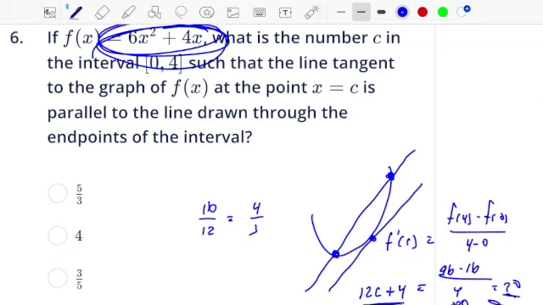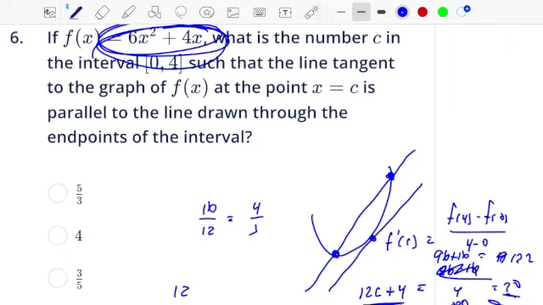Let's think about this for a moment. Plug in 4: 16 times 6 plus 4 times 4. Ooh, I missed that. So that's actually going to be 96 plus 16, which gives us 112, 112 divided by 4.